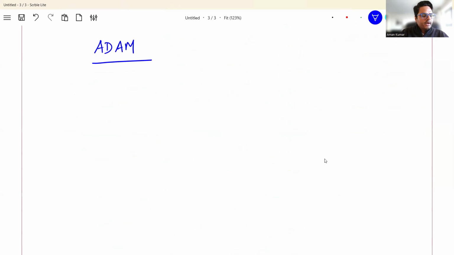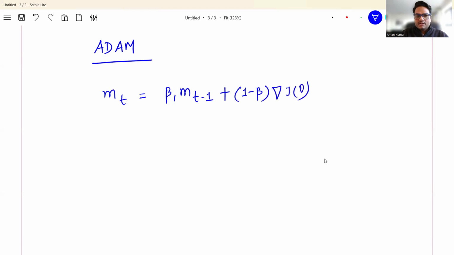So in Adam, there is a concept of first moment and second moment. What I'm writing now is called the first moment. The first moment captures the momentum part. If you remember the momentum formula, this is something similar to what we had done.